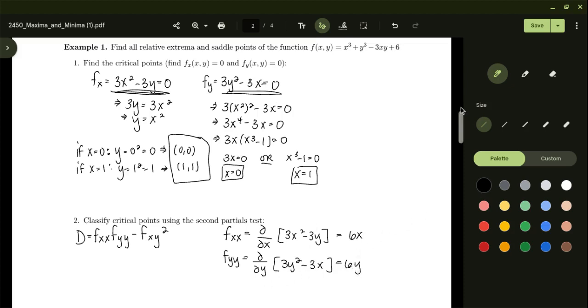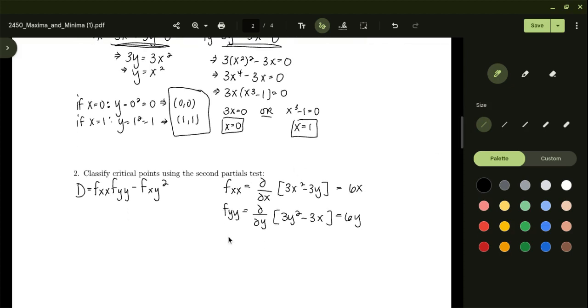Same thing for f sub x y, except now we're mixing. I'm taking the partial derivative of f sub x with respect to y. The partial derivative of this expression with respect to y is just the constant -3.